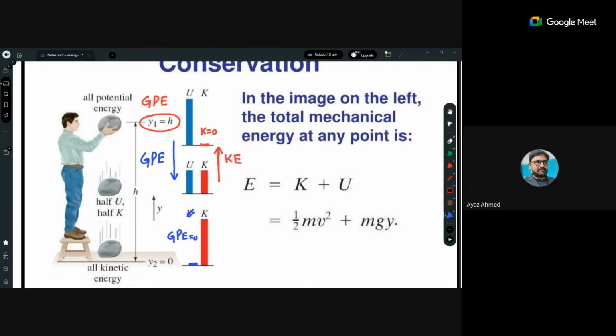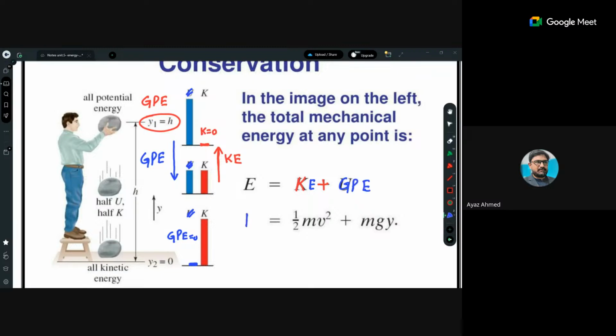This U, you can write as GPE. U is basically GPE. Okay, is it clear to you? Total energy is basically written as kinetic energy plus GPE.